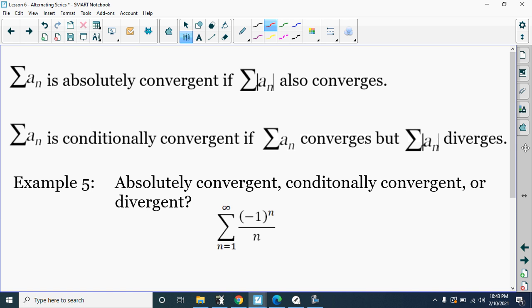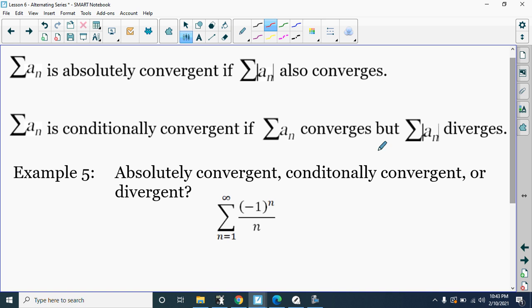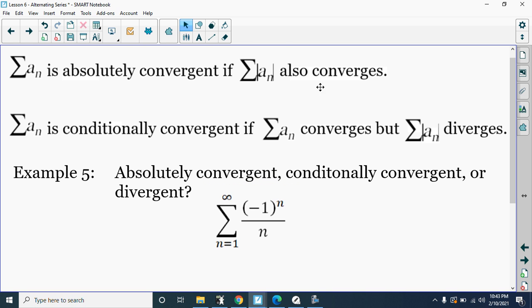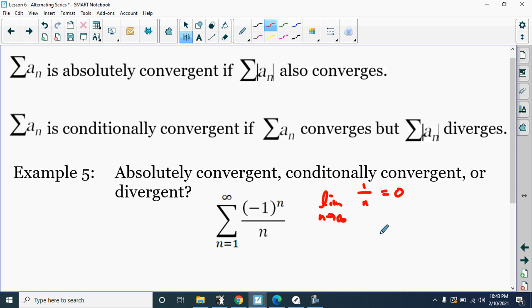So this one here wants to know, is this an absolutely convergent series? Is it conditionally convergent, or does it diverge? So let's check the alternating part first. The limit as n goes to infinity of 1 over n is indeed 0.